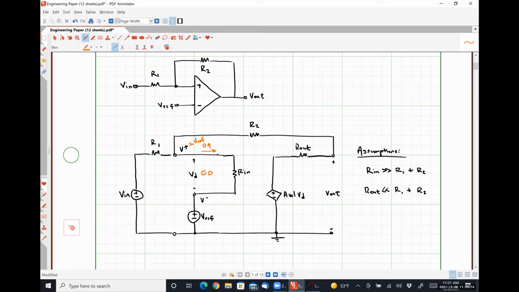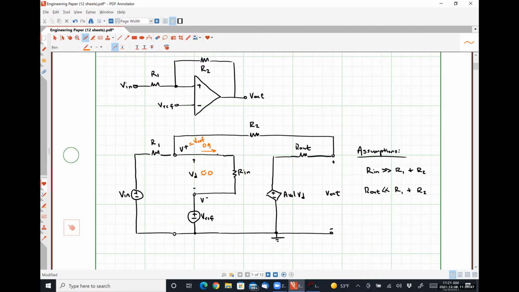So it's still amplifying some very, very small signal on the order of a couple of millivolts or something like that, maybe even microvolts, but it's providing enough amplification to push this thing to saturation and negative saturation, okay? So it seems like a little bit of a conundrum here, but that's why I'm not specifically saying our differential voltage is 0. Similarly, that current really isn't 0 amps. It's just very close to 0 amps. It's much smaller than the currents that we would see flowing through resistors R1 and R2.